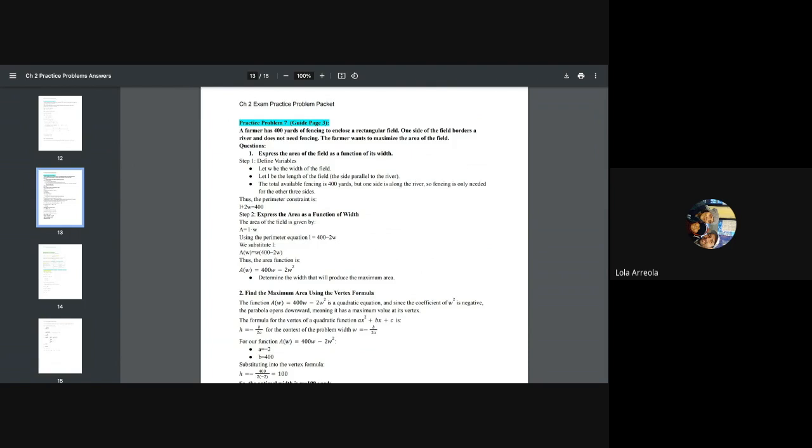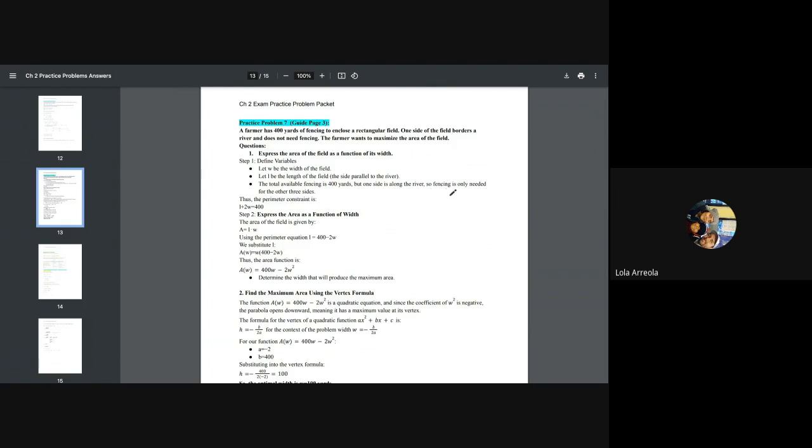So really what I am enclosing is similar, but only one length. Only one length, okay? So for this problem, I just have 1L and I have 2W.